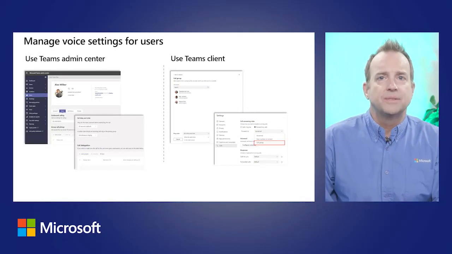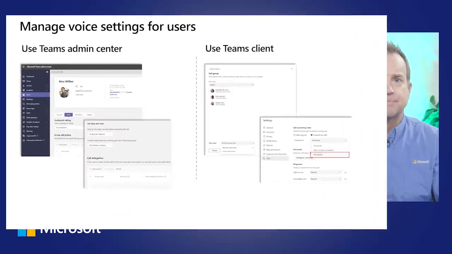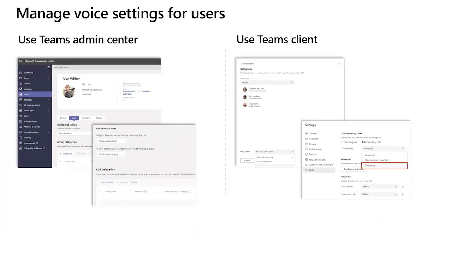Voice settings. We can use certain tasks in the Teams admin center, others from the Teams client. From the Teams admin center, we're looking for call delay for a specific user, Alex Wilbur. We can ring for 20 seconds before redirecting the call. We can also specify if a pickup group is involved.